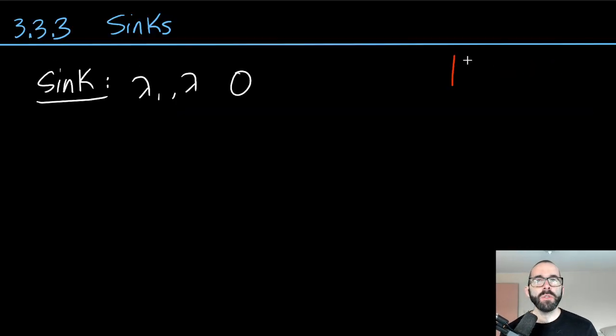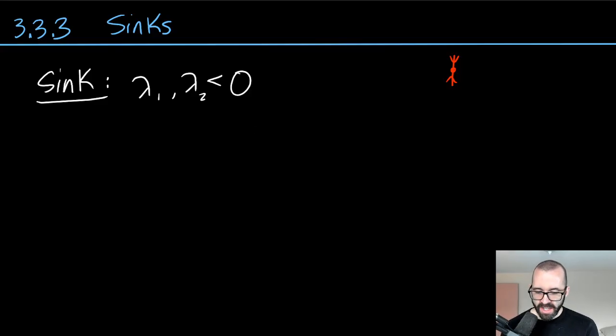Well, why don't you think about our phase lines? A sink is when we flowed towards this. And remember, did this behavior happen along straight line solutions for negative or positive eigenvalues? That's right. It was for negative eigenvalues. So if they are both negative, we have a sink.